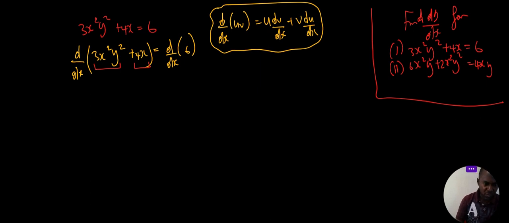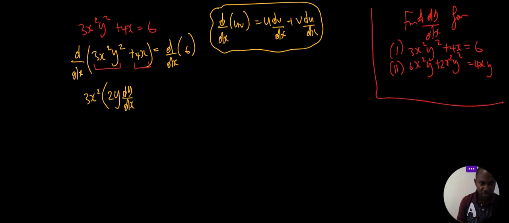So let's proceed. When you differentiate 3x squared y squared, we keep the first part, so this is 3x squared, and we're going to be multiplying that by the derivative of y squared. Now, when you differentiate y squared, what do we get? We treat it as a regular derivative, we bring the power down, so 2 comes down, y, the power decreases by 1, and then of course, because we are differentiating a function of y with respect to x, we multiply by dy by dx.